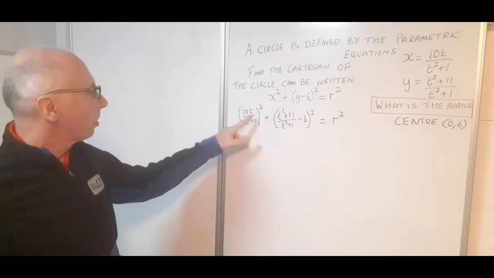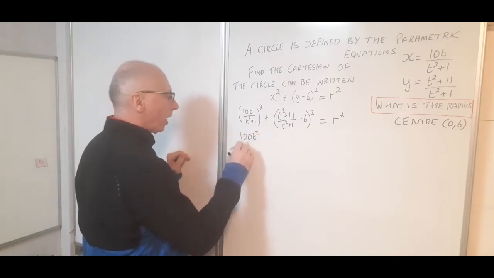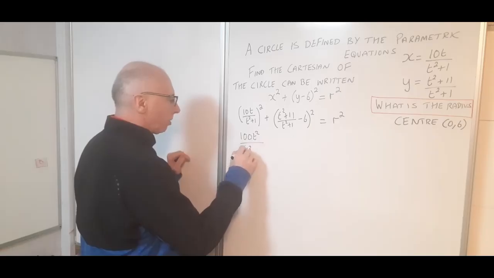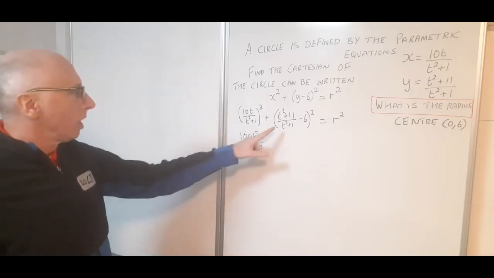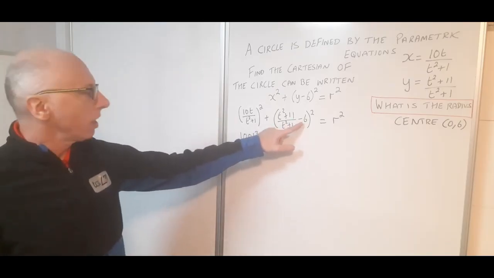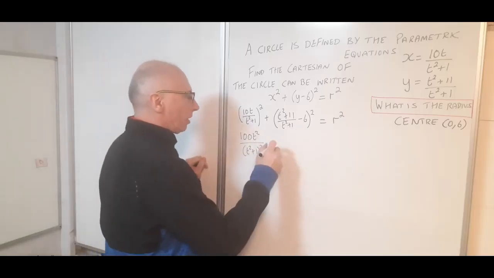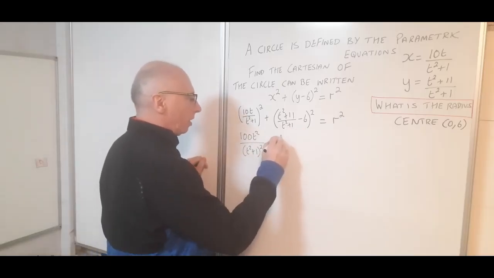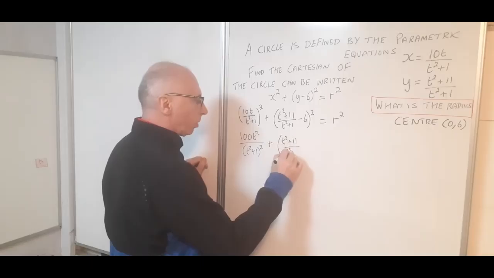So we can square this up, no problem. That's going to give me 100t squared over (t squared plus 1) all squared. That's pretty cool. This one, I've got to do something with this 6. I just can't have that in there like that. So let's write that out: t squared plus 11 over t squared plus 1.